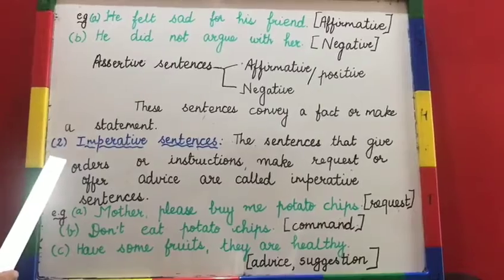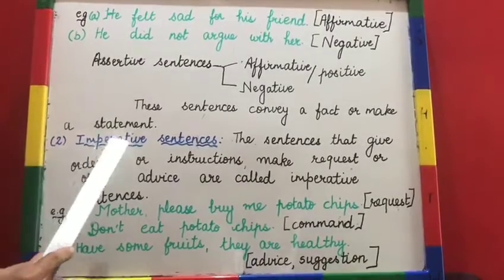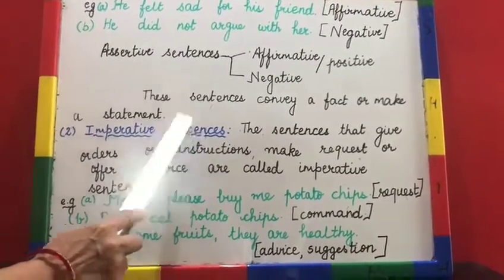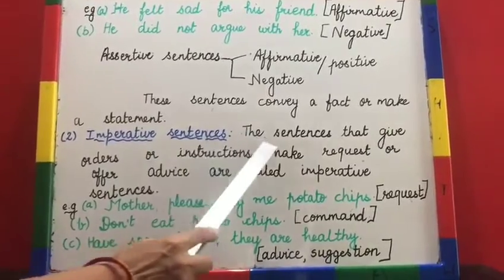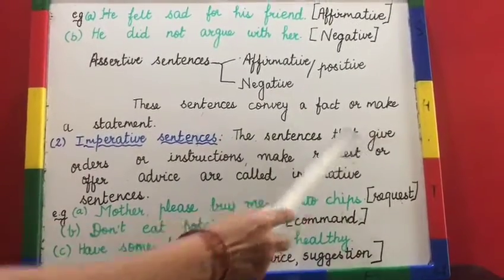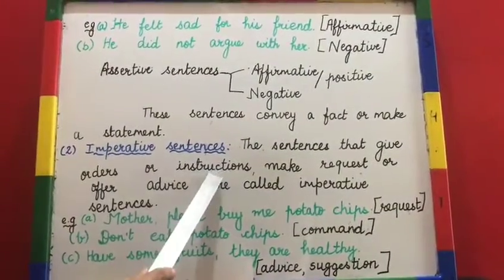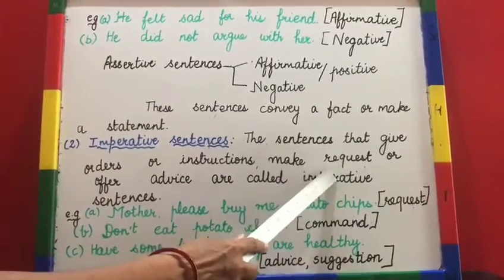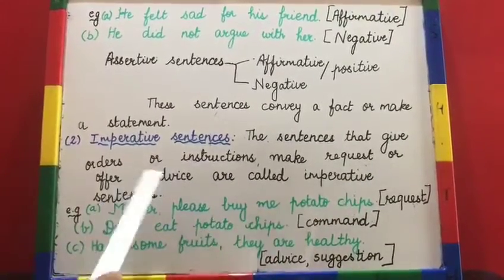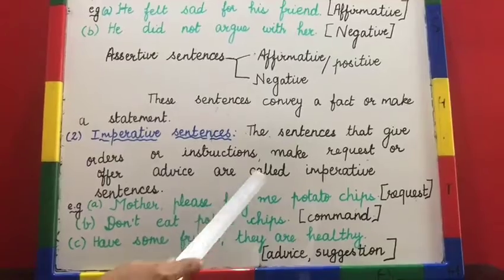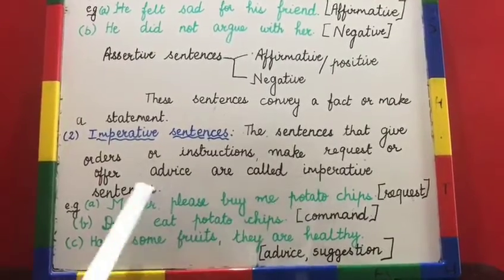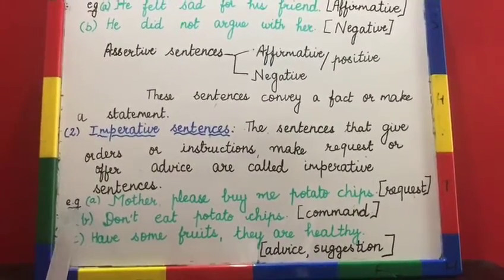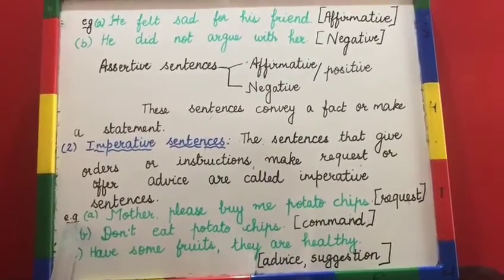Now the second type of sentences are the imperative sentences. The sentences that give orders or instructions, make requests, or offer advice are called imperative sentences. Now let us see the examples.